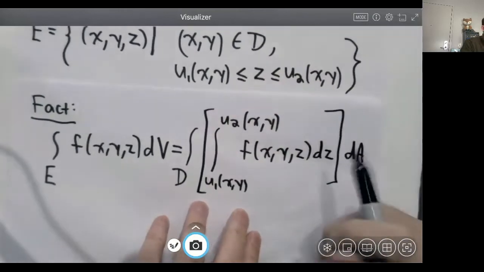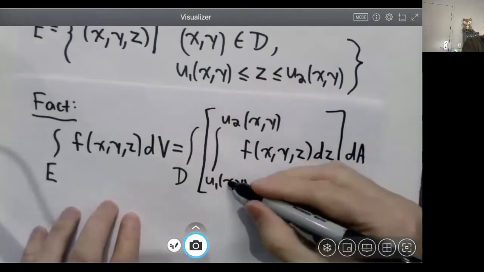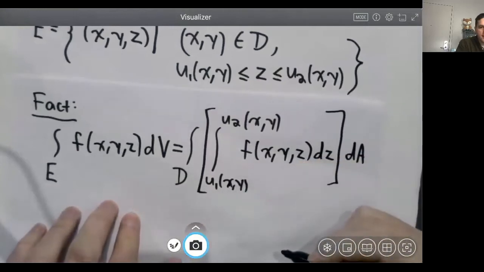This is our fact. This will tell us how to integrate over a type 1 solid.